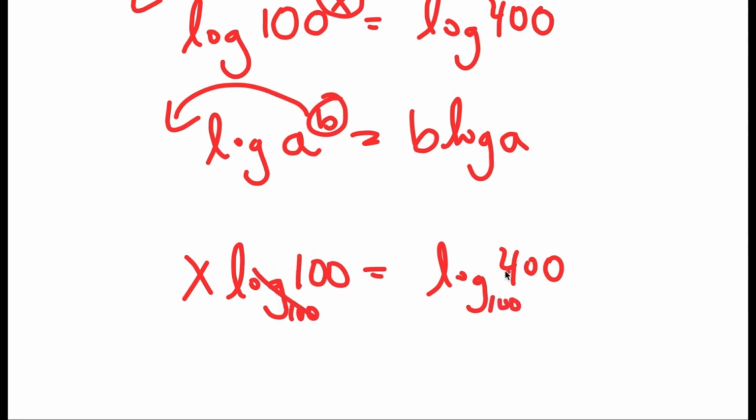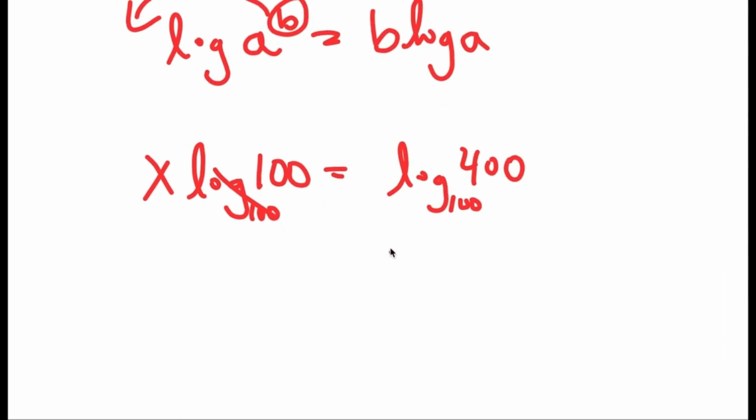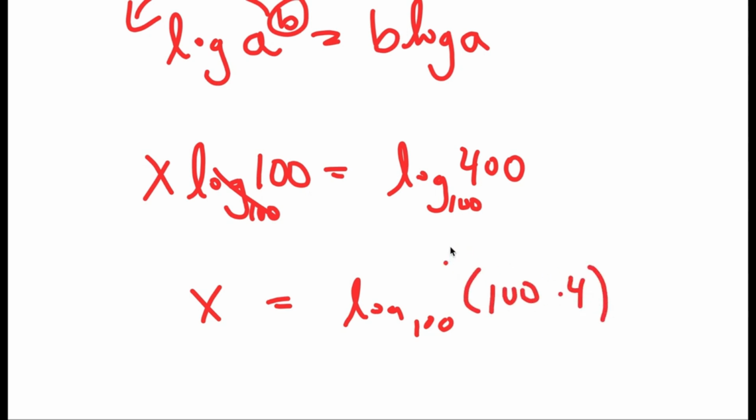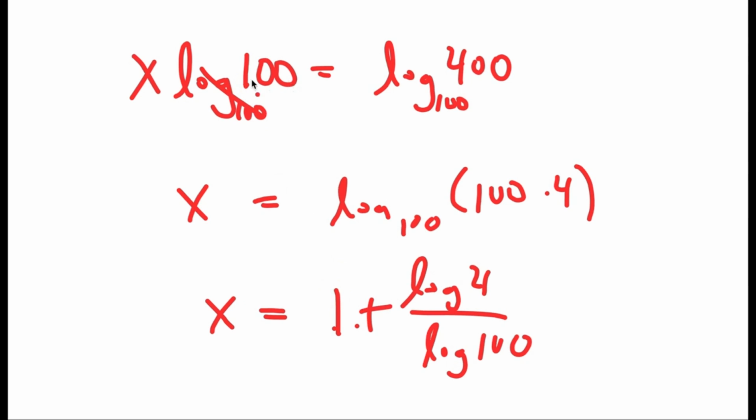And log base 100 of 400, well, 400 is the same thing as 100 times 4. So I can rewrite this as log base 100 of 100 times 4, which is equal to log of 4 over log of 100. And I have 1 plus this because of this.